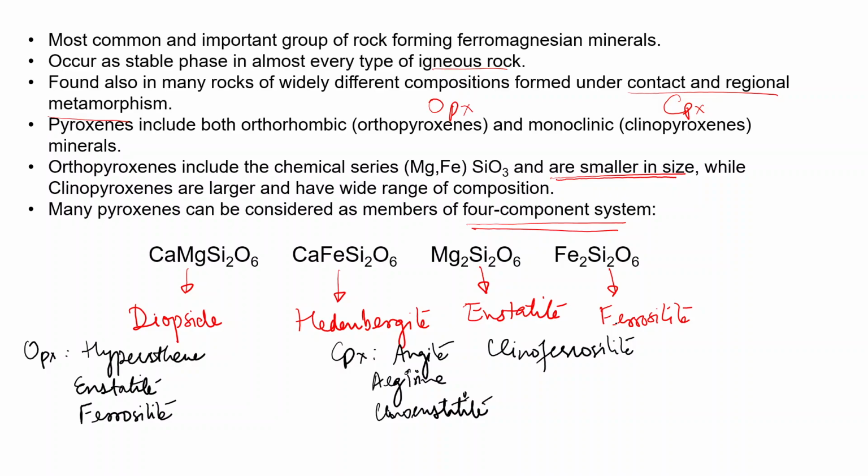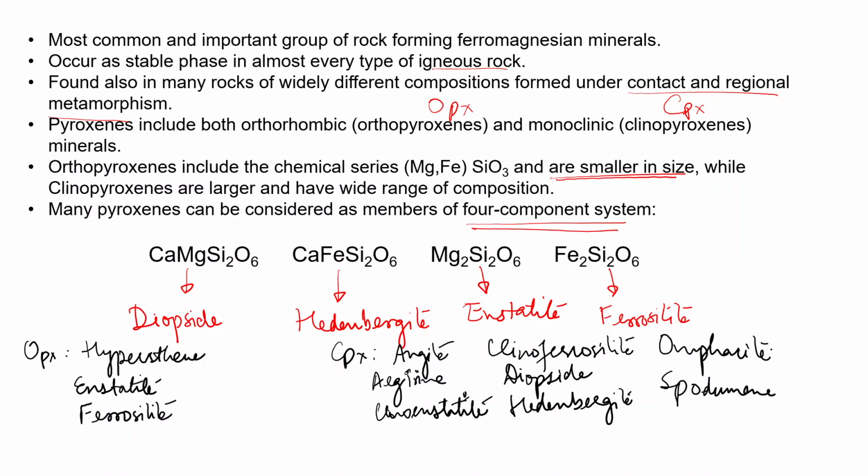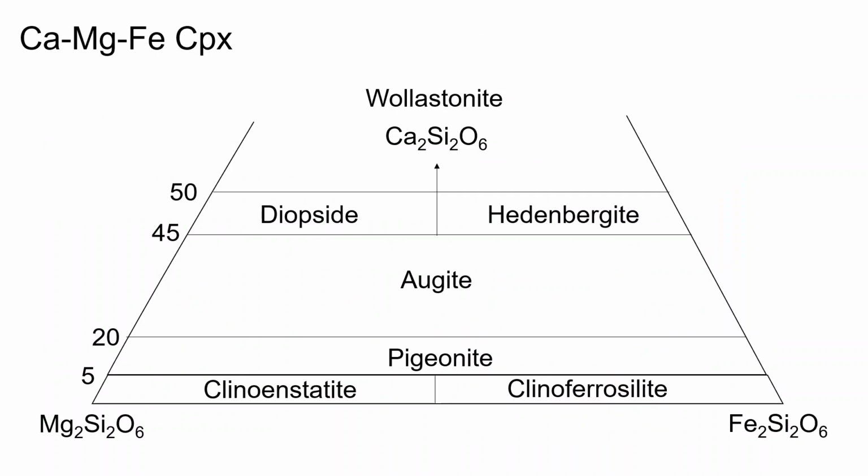After that, a very common one is diopside. Then we have Heidenbergite, then omphacite, spodumene. I'm sure you must have heard all these names. So these are the common and important clinopyroxenes, while hypersthene and ferrosilite are the common OPX.